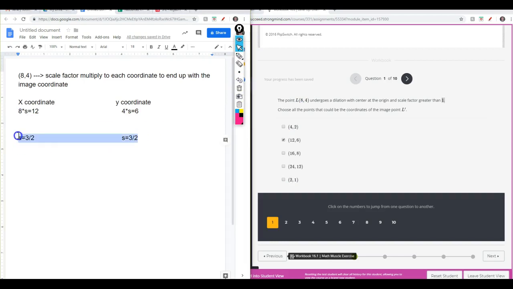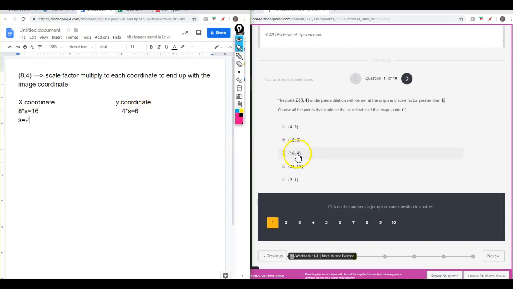Now we can do the next one. We know that our x-coordinate is 8, and it's going to multiply by a scale factor. The new one we're checking is 16. I'm just going to talk myself through it. 8 times some number is going to equal 16. Well, I know 8 times 2 is 16, so I know the scale factor is equal to 2. 2 is greater than 1. So let's make sure on this one that our scale factor is also 2.